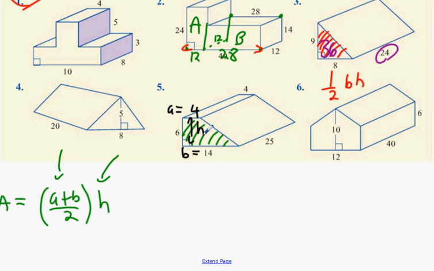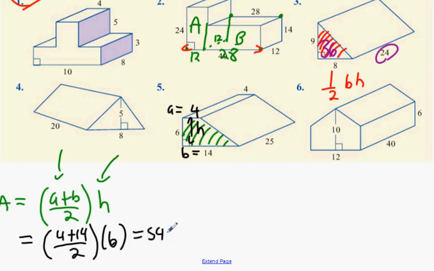So it's going to be 4 plus 14 divided by 2 multiplied by 6. That is going to be 9 multiplied by 6, which is 54. Okay, 54 centimeters squared. That 54 refers to the area of the face. Now what do I have to do once I get the area of the face?